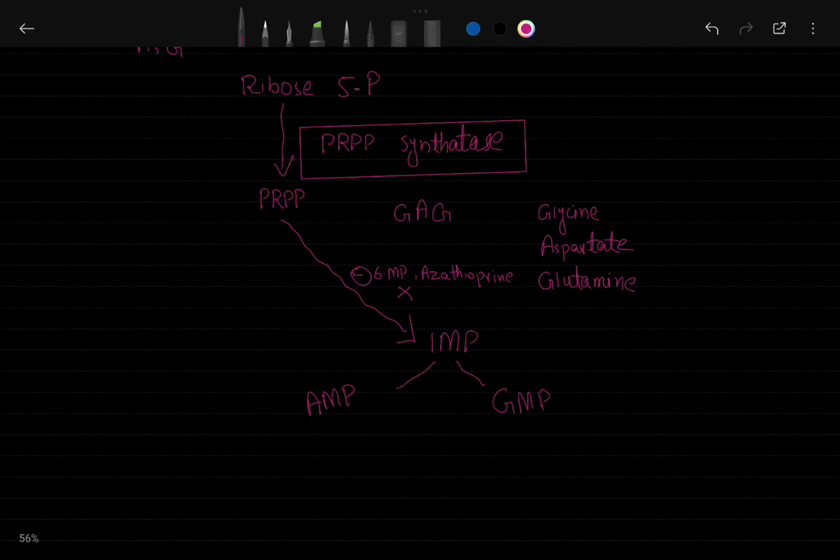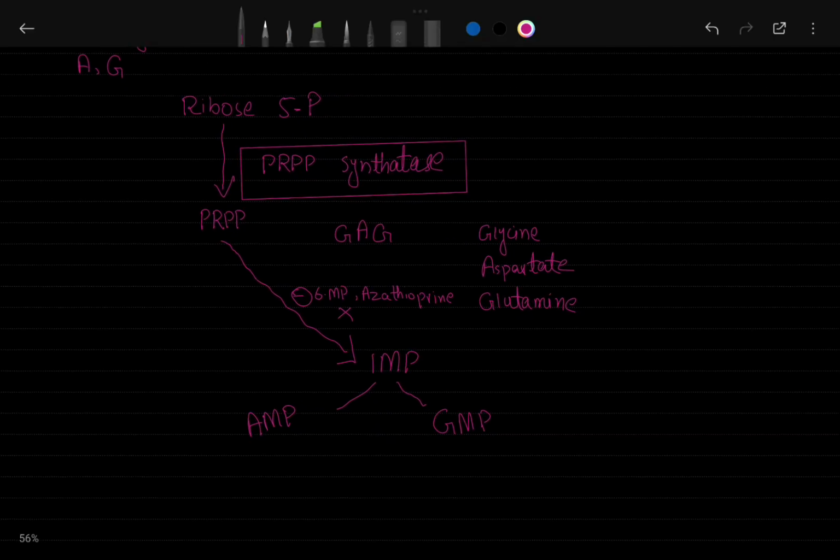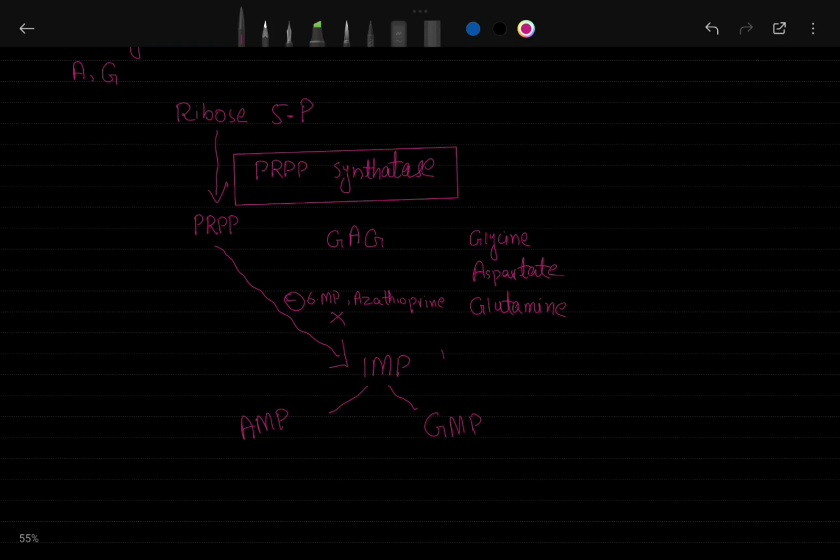Mycophenolate and ribavirin inhibit the enzyme IMP dehydrogenase, especially stopping the production of GMP.